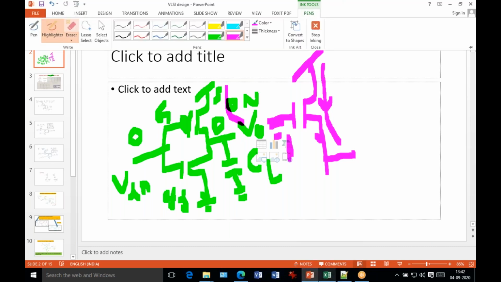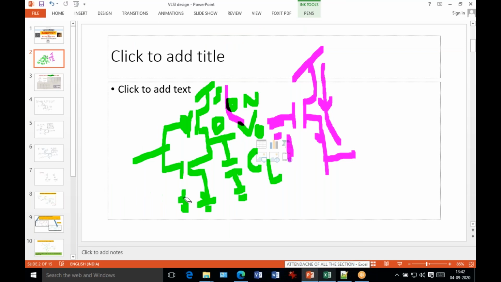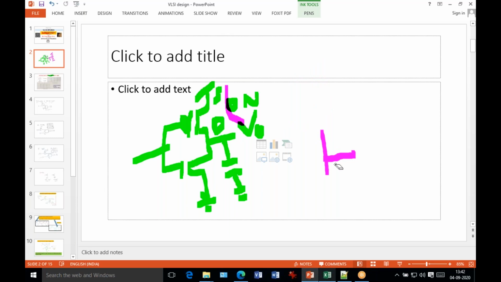Now consider another case. Suppose I change the input logic. In the first case my capacitor is fully charged. In the next case, I put logic 1 at the input node.